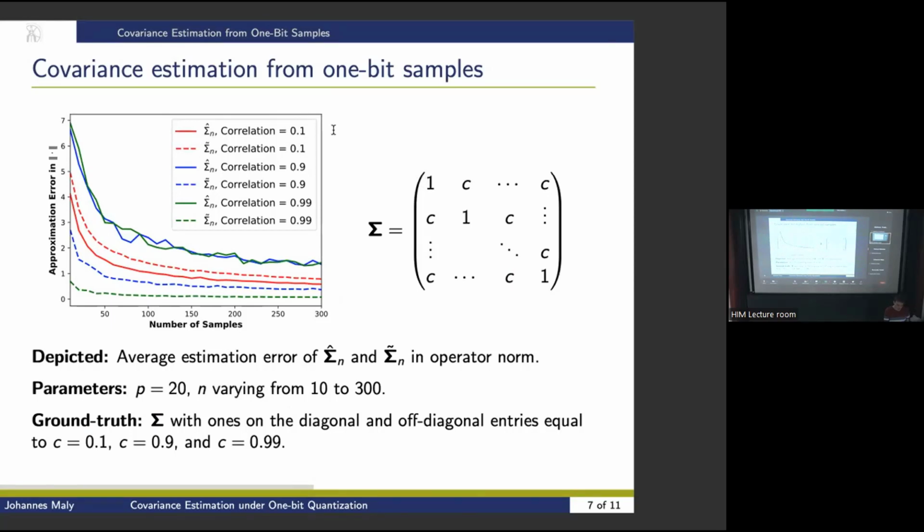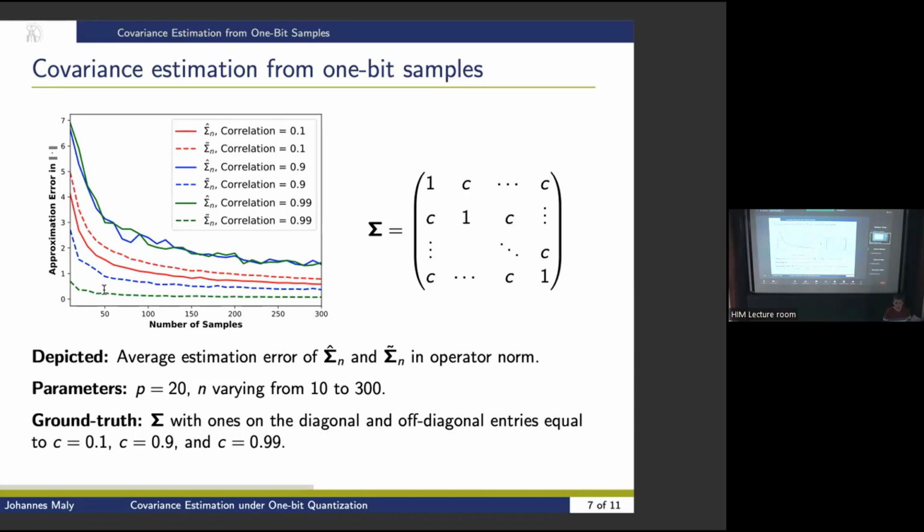If you have a small c, which means small correlation between the entries, you see that the dashed line, which is the quantized estimator, is less good than the original covariance matrix estimator without quantization. But if you get close to 1 with the correlations, then you see that the thing changes. The sample covariance matrix without quantization loses performance while this estimator gains performance. So it's an interesting phenomenon.